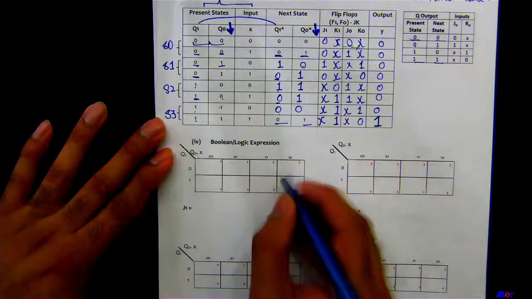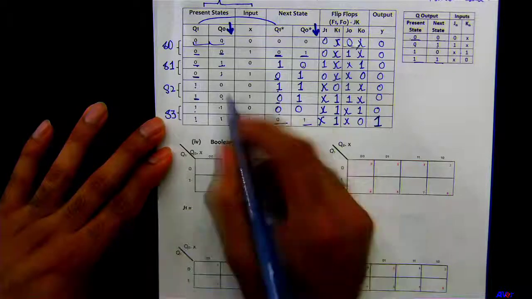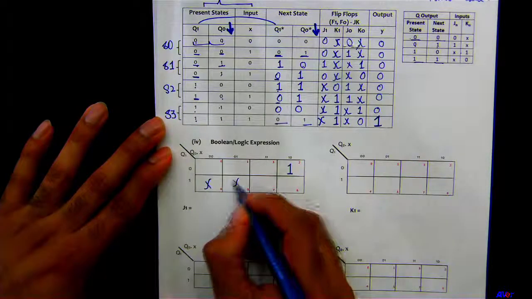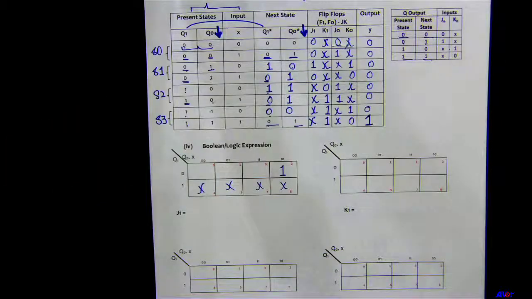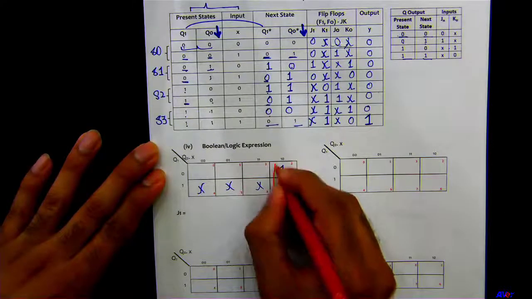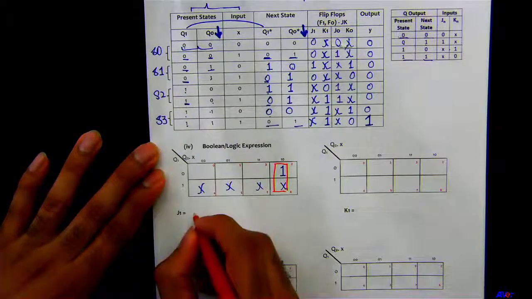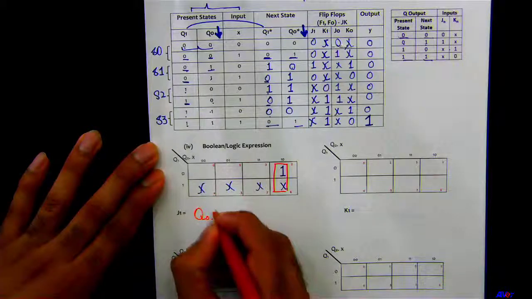So I got this is 1, and 4, 5, 6, 7 are don't cares. I think everybody can agree we can go with this one, right? So J1 is going to be, what's the expression here? Q naught dot X bar, correct?